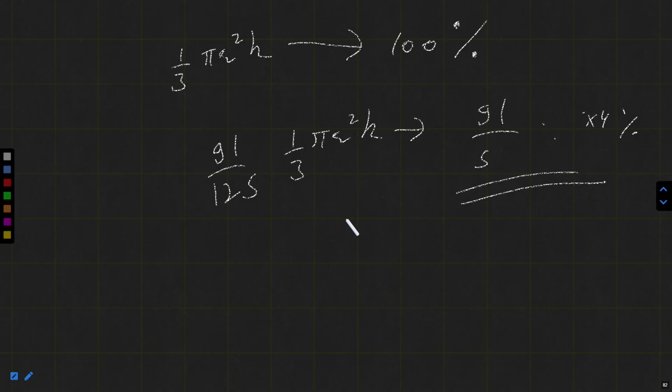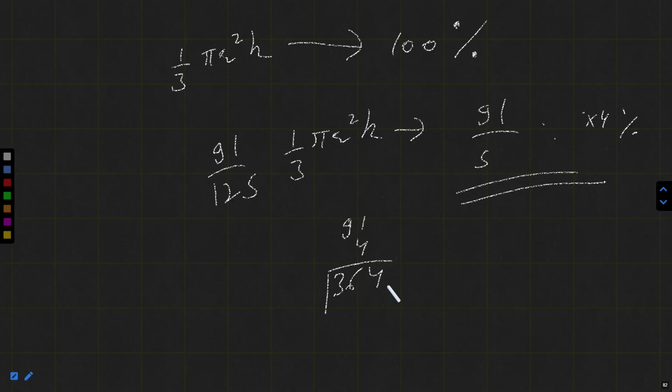So 91 times 4 is 364, and 364 divided by 5 is 72.8. So it is 72.8 percentage.